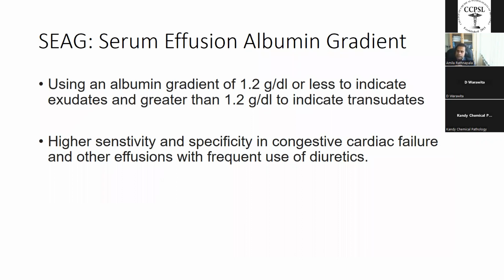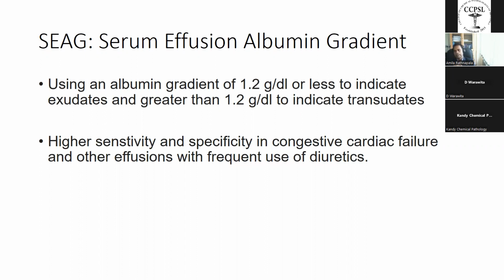But there are certain instances where we might not be able to use the Light's criteria. For example, if the patient has been on diuretics for a longer duration, or has persistent organ failure like congestive cardiac failure, the Light's criteria might not be very accurate. In those instances, we use the serum effusion albumin gradient, known as SEAG.